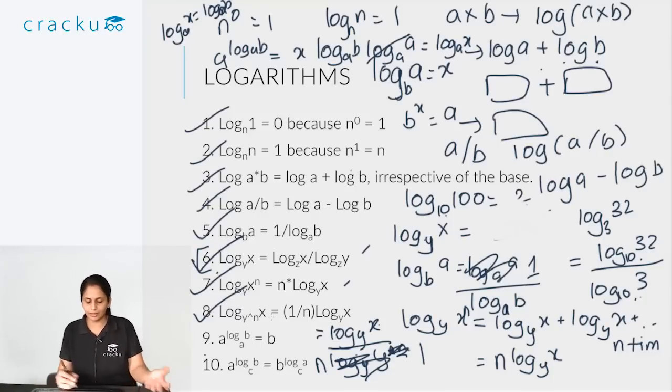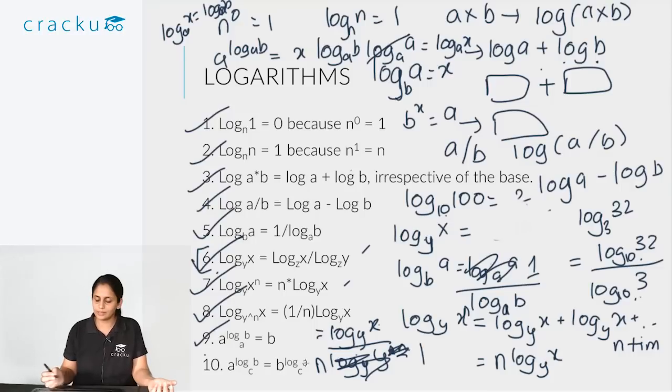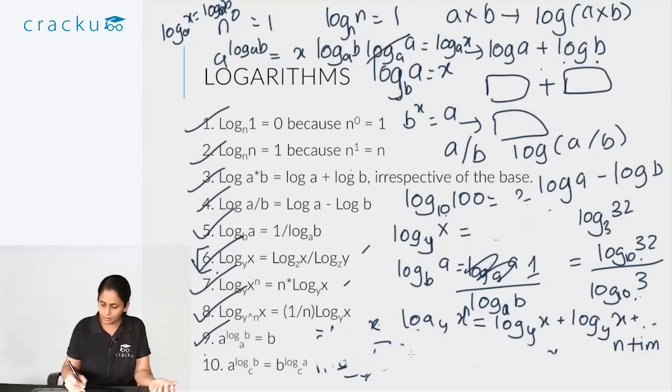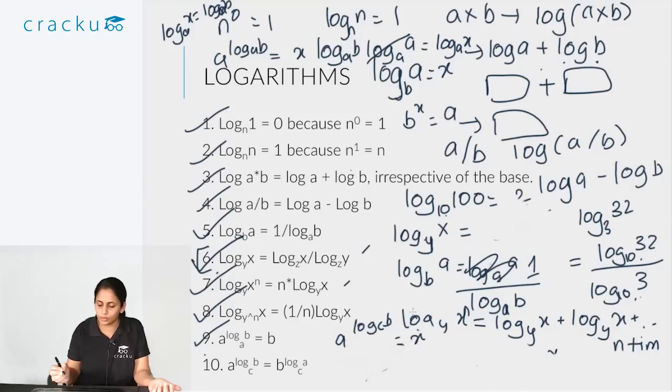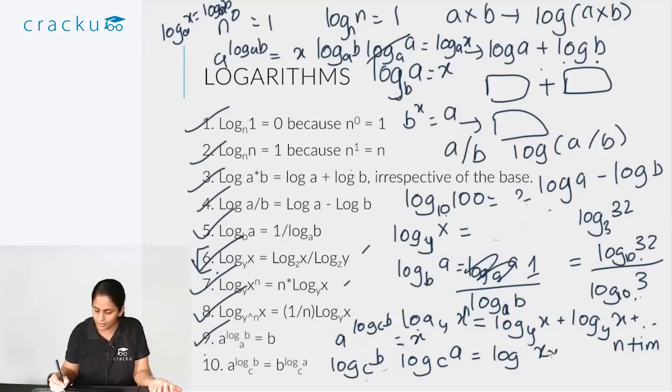Similarly, you can calculate the next one. The same way as I had done, say a raised to log of b to the base c is x. I take log to the base c on both sides. So I say log of b to the base c times log of a to the base c is equal to log of x to the base c.